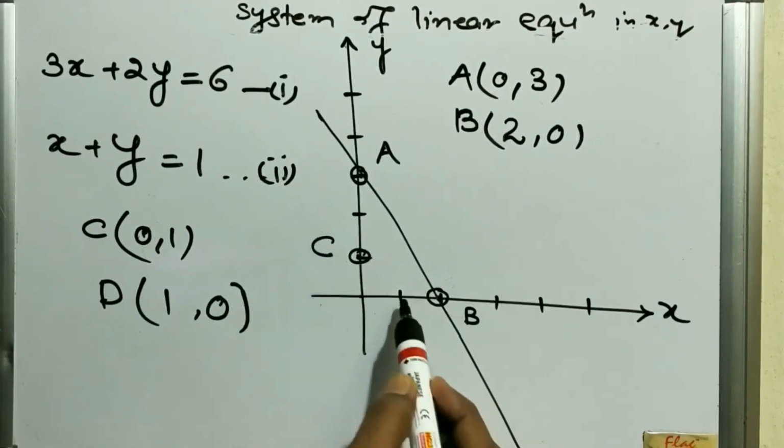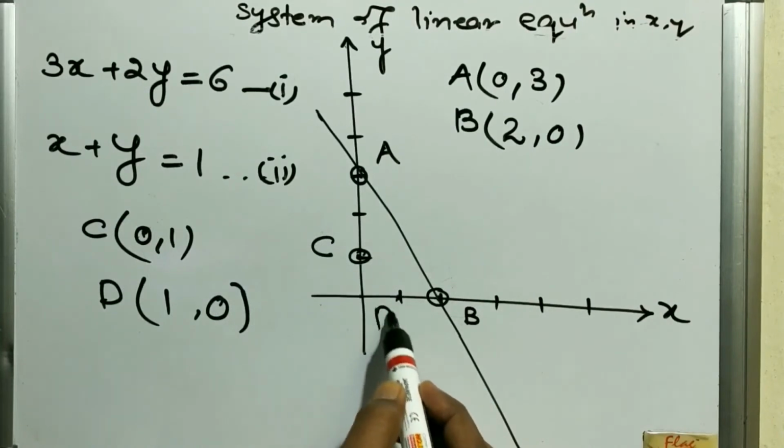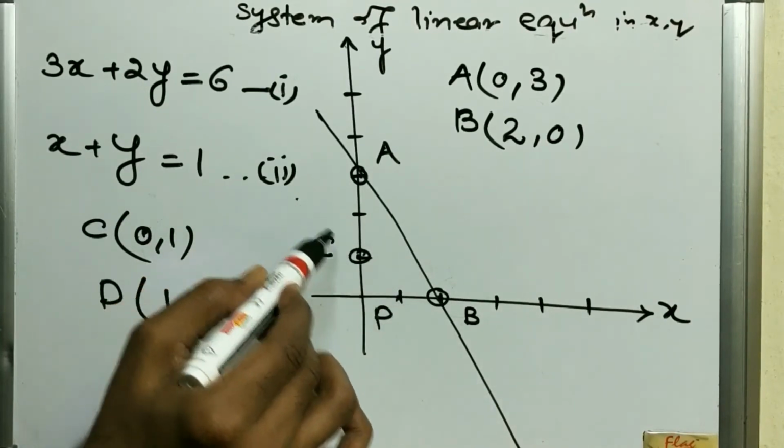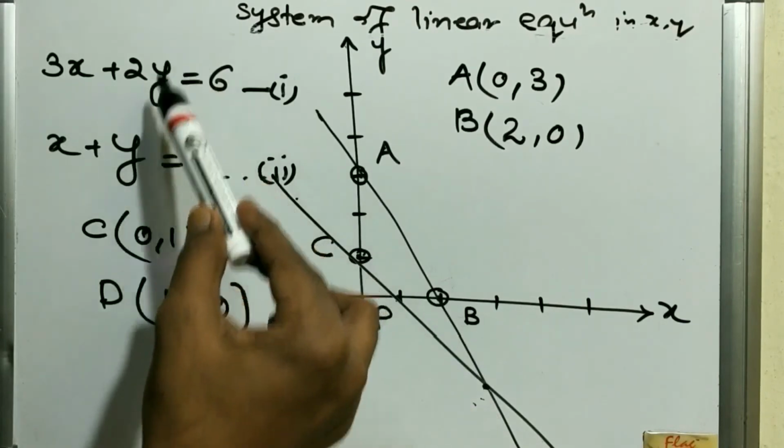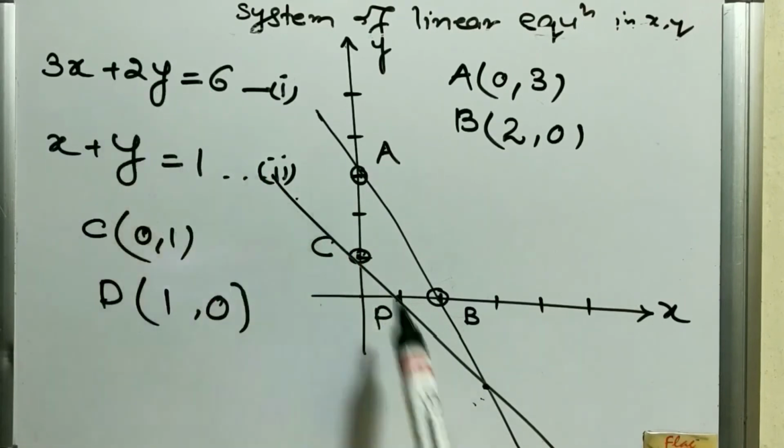This is point C and this is point D. When we join CD, we can see that the point of intersection lies in the fourth quadrant. The exact coordinates for this point will be obtained on graph paper. So we get a rough idea that the solution of this particular set of equations lies in the fourth quadrant.